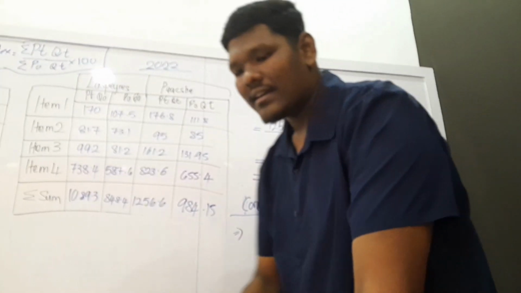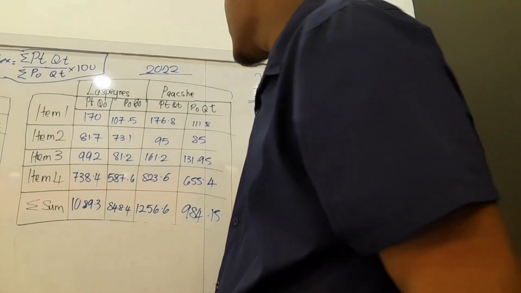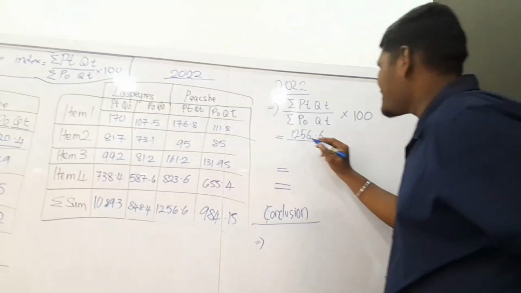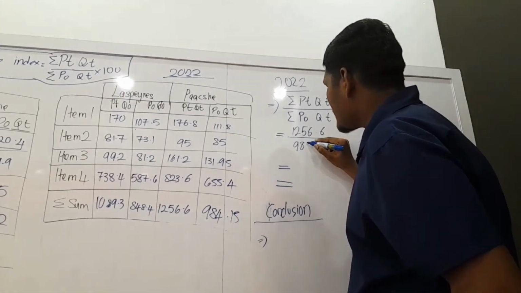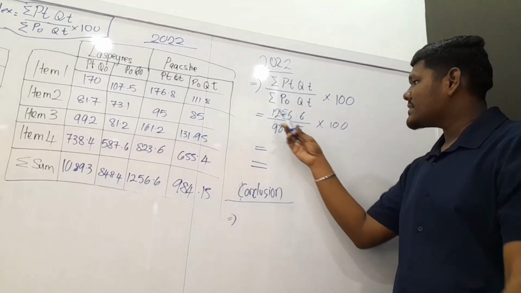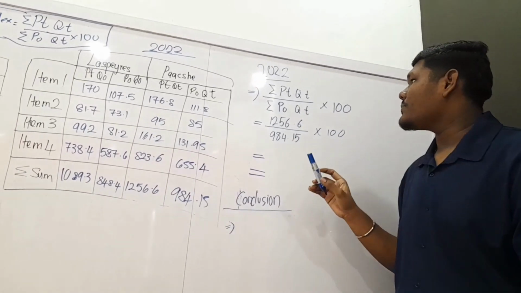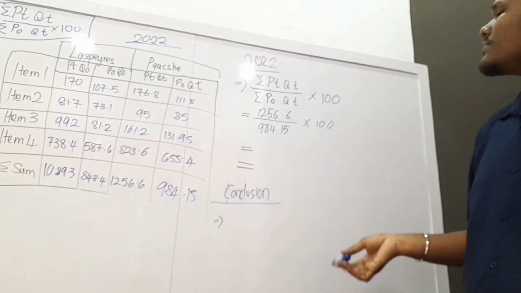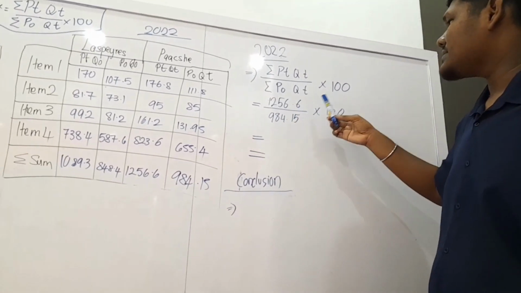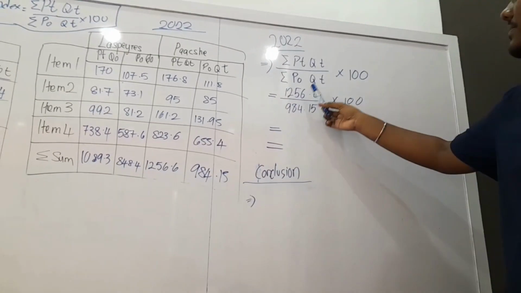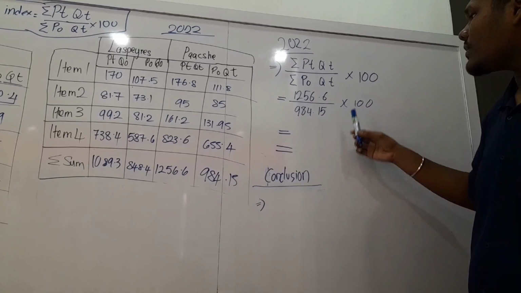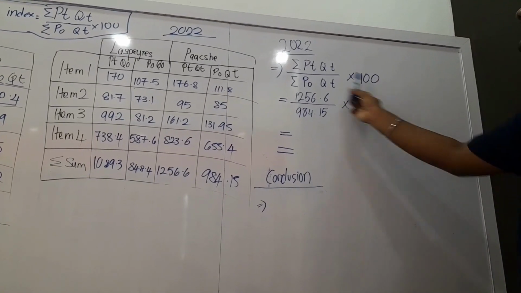I'm sorry, yes, it's 984.50. So these are the digits that we have to put for 2022, where the sum of PnQn is 1256.6 in 2022, and the sum of P0Qn is 984.15 in 2022. So this is it.